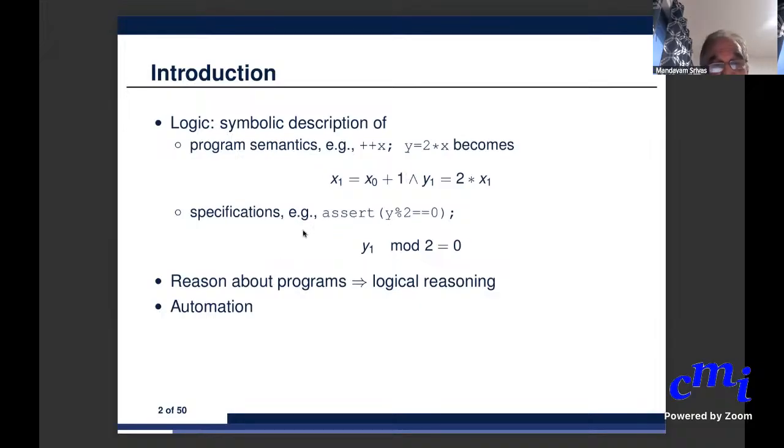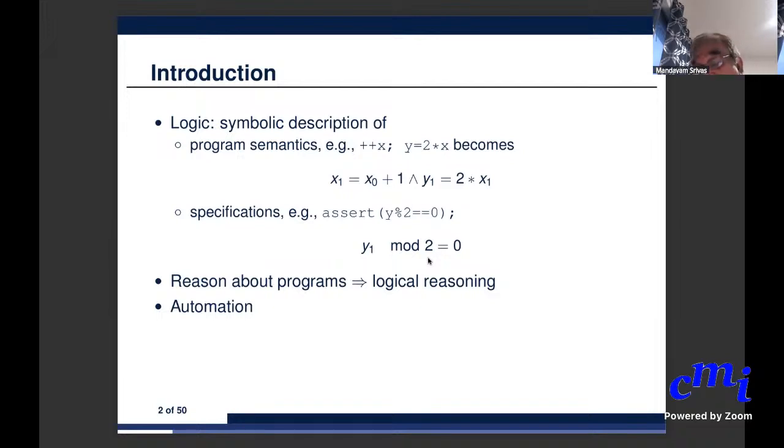Then the other component of verification, as we discussed in the first class, is for you to specify the expected behavior, which can once again be specified using the same logic. One of the things we want to ensure is that regardless of the initial state you start from, this will always ensure that the value of y at the exit point is even, by virtue of the fact that you're multiplying it by 2.